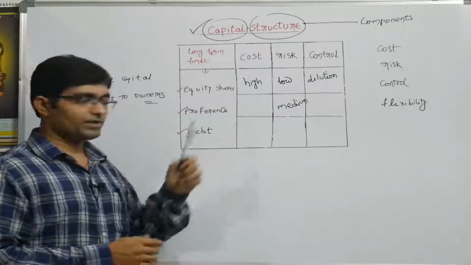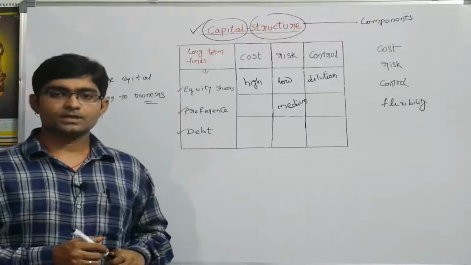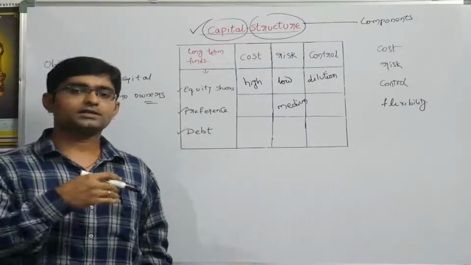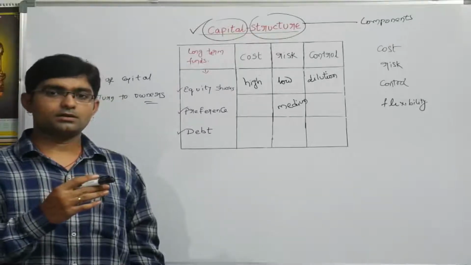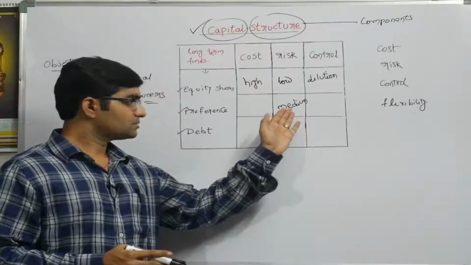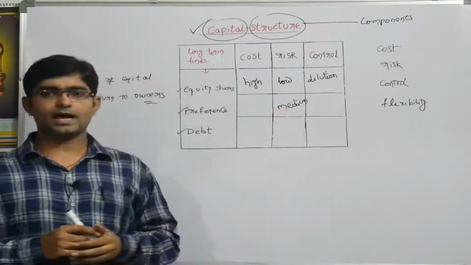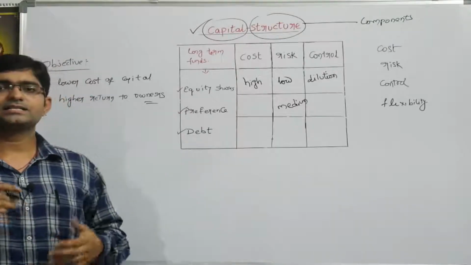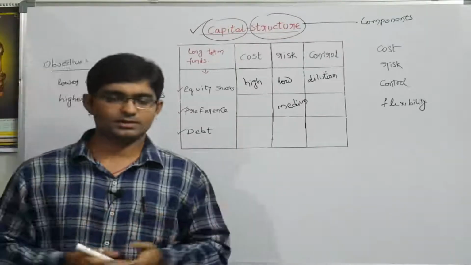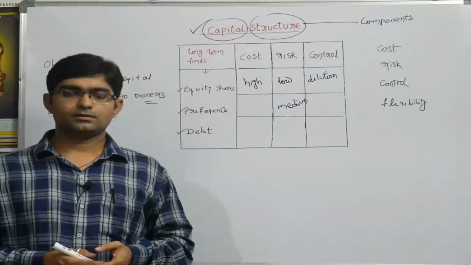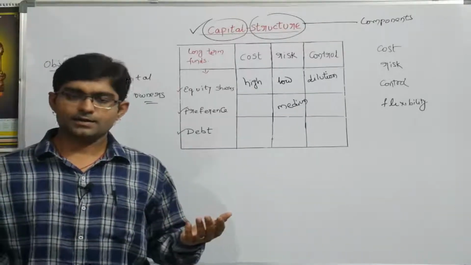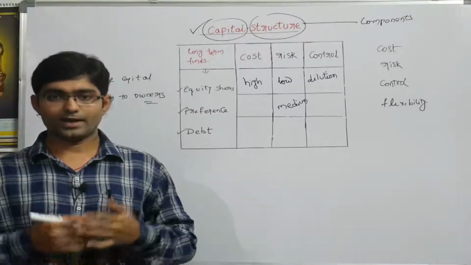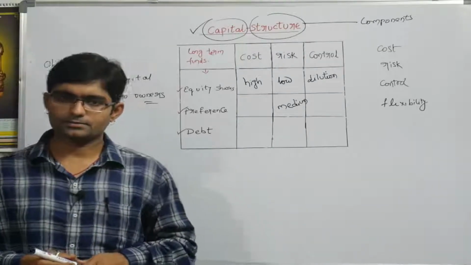Next, the preference. There is a risk for the company. So, there is generally a lower risk taken by the preference shareholders. Their risk is less. So, generally, they will get a lower return when compared to equity shareholders.